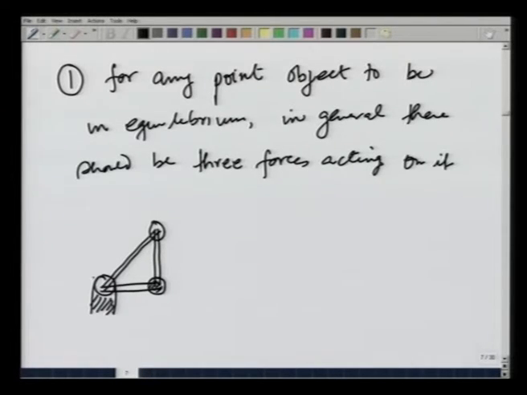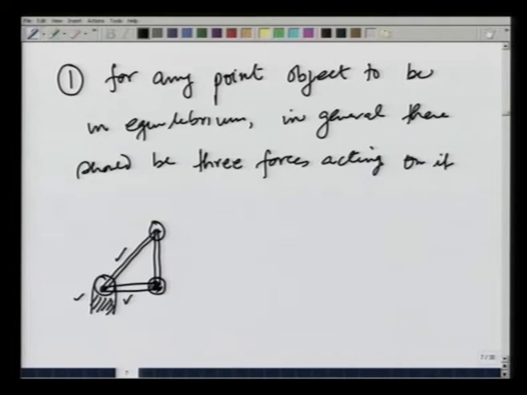Now, you see this pin joint has 3 forces acting on it, one by this member, one by this member, and 1 external force. So, this can be in equilibrium. However, this joint and this joint are not acted upon by 3 forces, and therefore, to make these points come under equilibrium, I have to provide more forces.